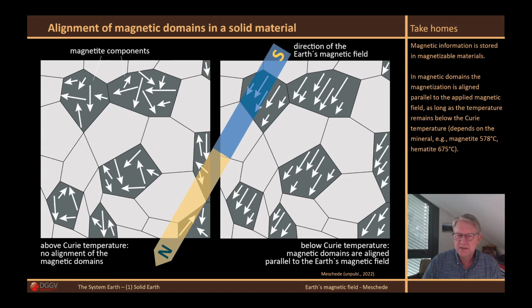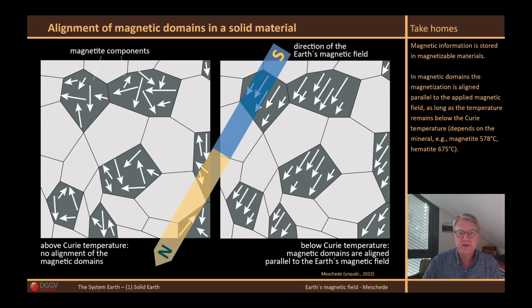To be exact, magnetic information is stored in the minerals a short time after their crystallization, namely when they cool down below a certain temperature. It is not stored immediately when they crystallize from the melt at around 1100 degrees Celsius or so. The temperature when the magnetic information is being fixed in the rocks of the oceanic crust lies between 580 and 650 degrees Celsius, depending on the mineral.